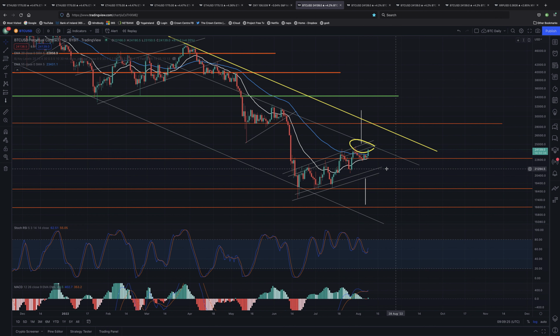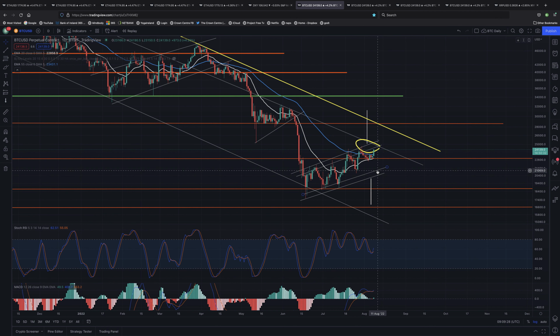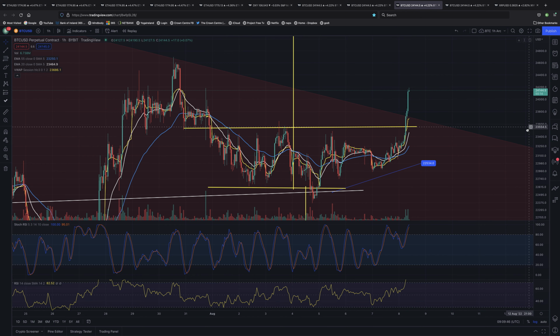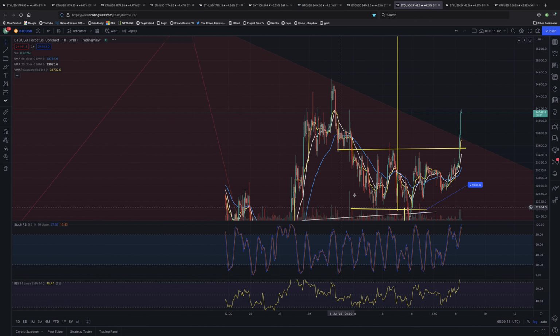So when the 20 on the daily breaks, then we're looking again at the bottom targets, and again this is an ascending channel like this one, or like this one was a symmetrical triangle, but like this one with a target to the downside.